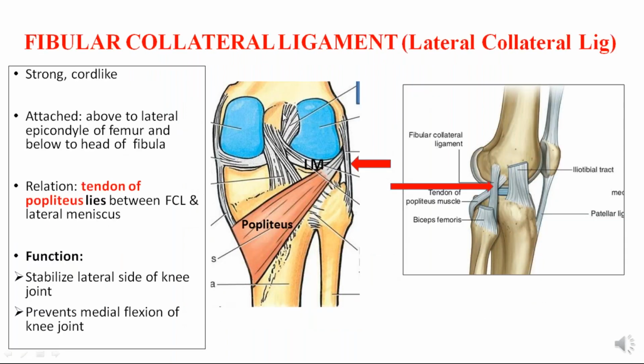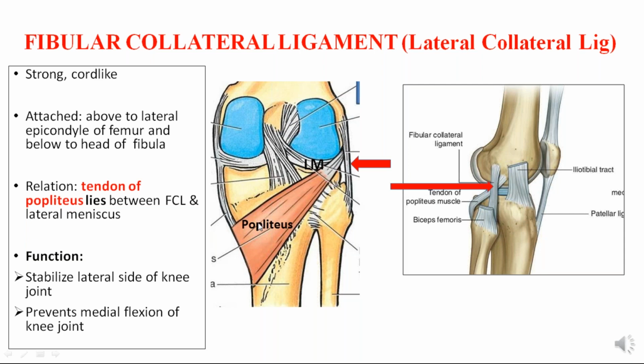Now coming to the collateral ligaments. On the lateral side is the lateral collateral ligament or the fibular collateral ligament. It is a very strong cord-like ligament. This is attached above to the lateral epicondyle of the femur, and below it is attached to the head of the fibula. Its important relation is with the popliteus tendon.